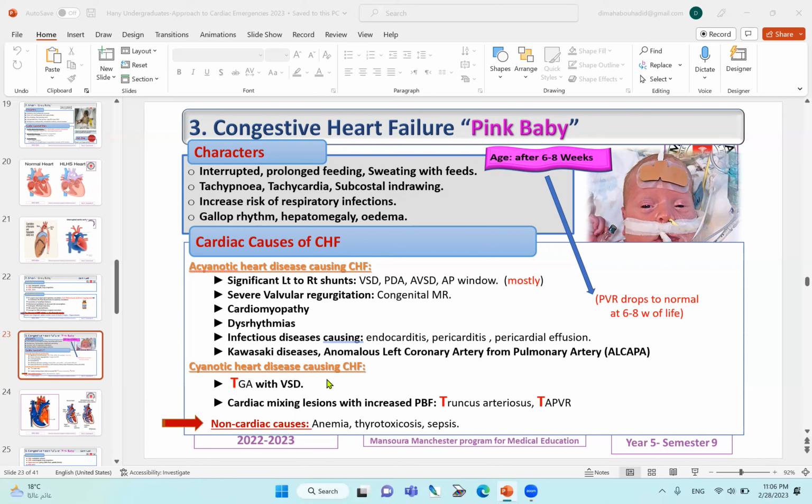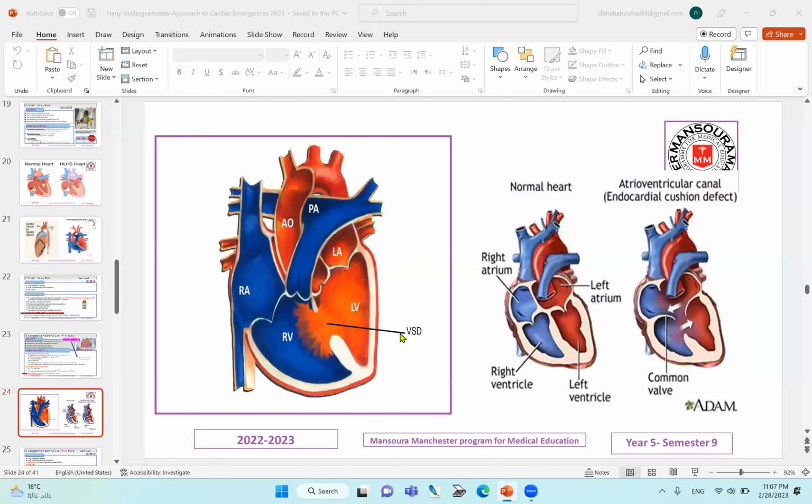There are also cyanotic heart diseases causing congestive heart failure, like TGA with VSD or cardiac mixing lesions with increased pulmonary blood flow like truncus arteriosus and total anomalous pulmonary venous return. Are there non-cardiac causes for congestive heart failure? Yes: anemia, thyrotoxicosis, and sepsis.